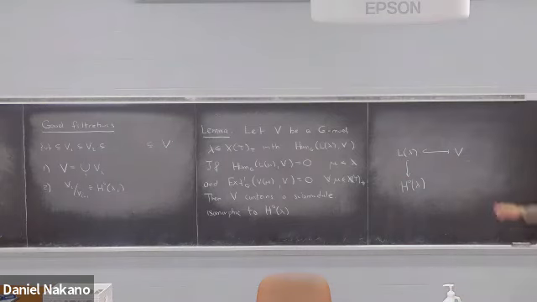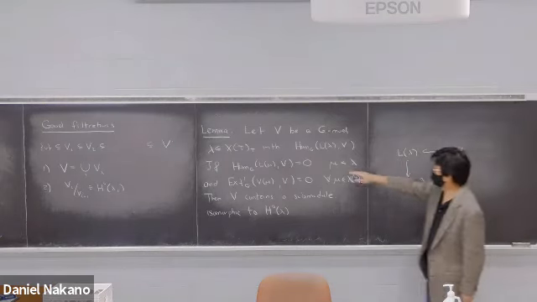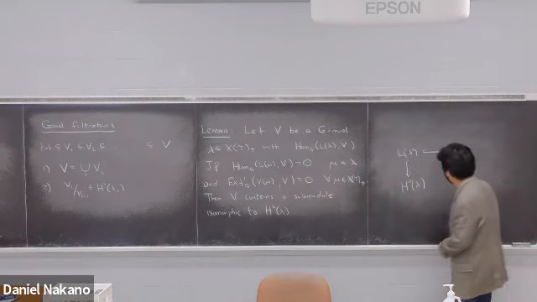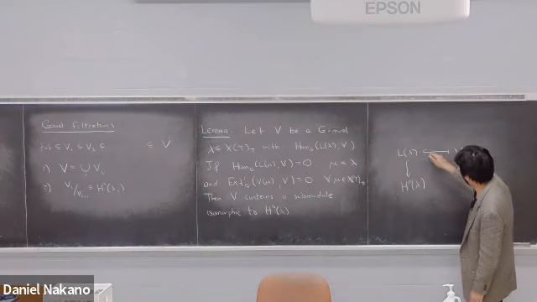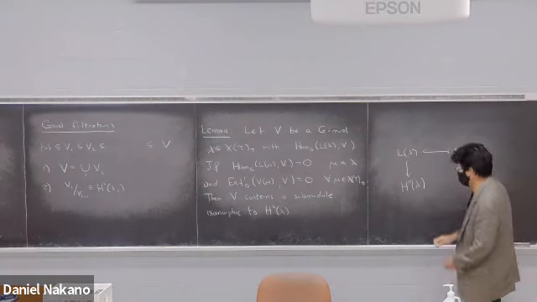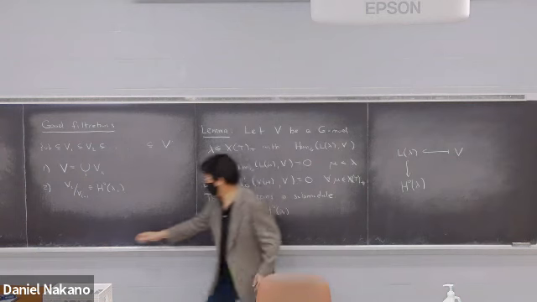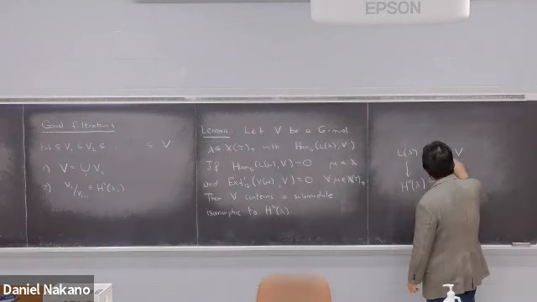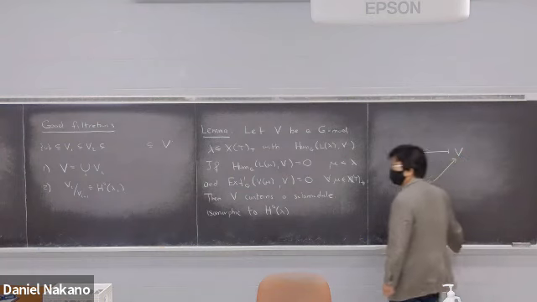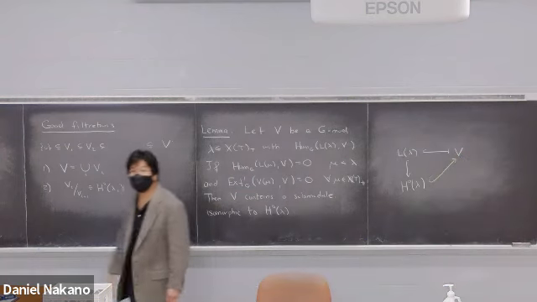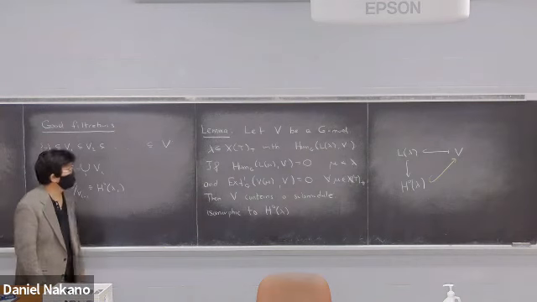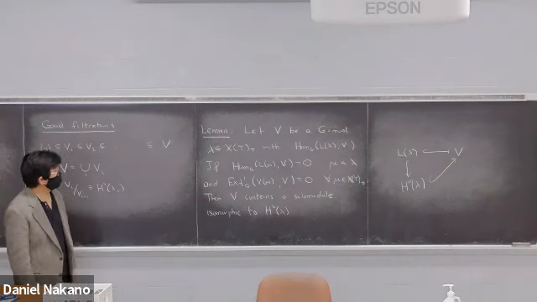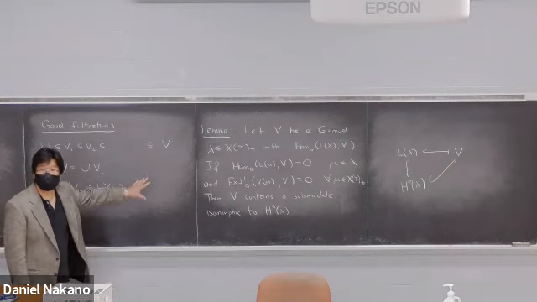So with these two conditions, we showed that we can actually lift this map to H0(lambda). So there's actually a lifting which goes from here to here. Good. Any questions on this?